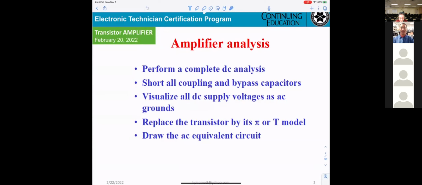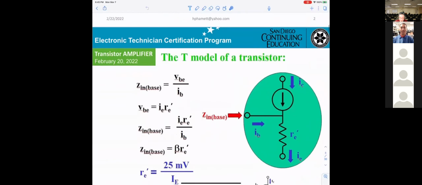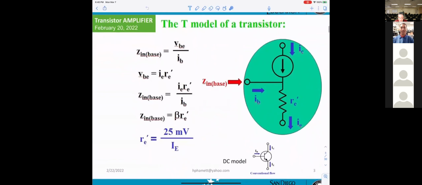Then you replace the transistor by a different model, pi or T model. Draw the AC equivalent circuitry. Now, this shows you one thing. This is a transistor for DC, and this is a transistor for AC.